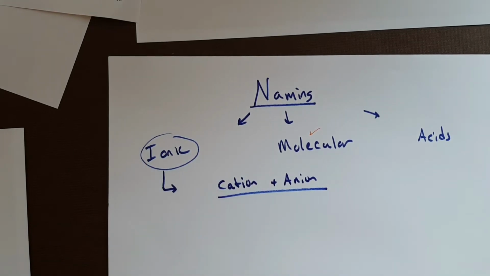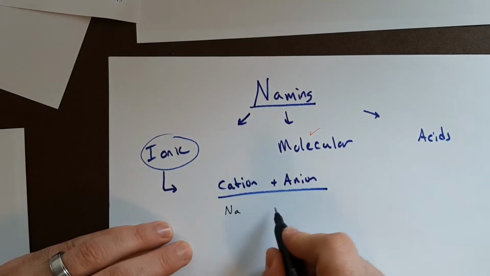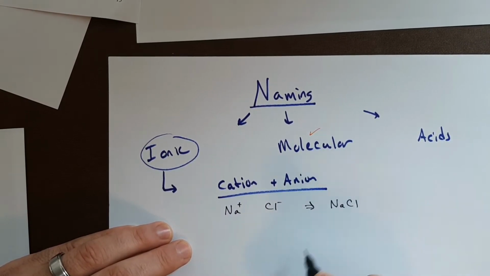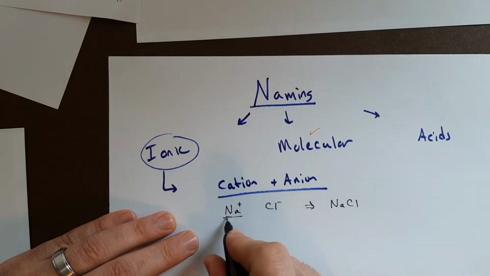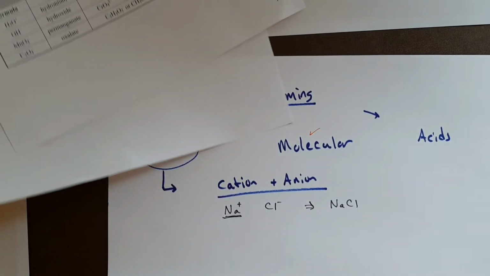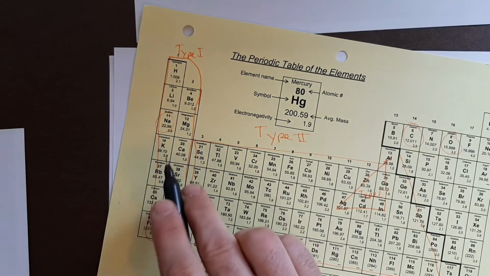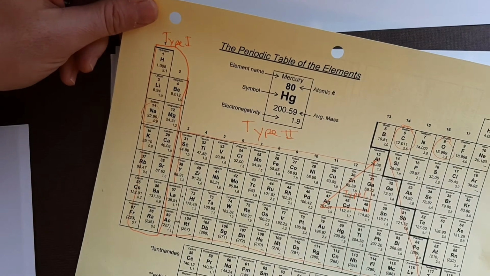So what do I mean? Let's say you wanted to combine 2 ions: sodium ion with the chloride ion to give you the chemical compound NaCl. Well, cations, when they're just on the periodic table, just regular old cations, so this one's sodium right here, gets a positive 1 charge.